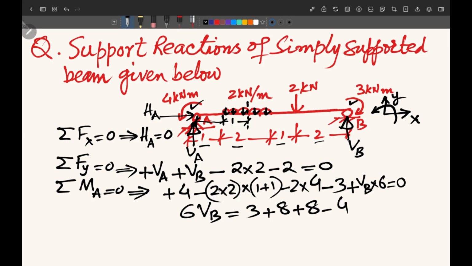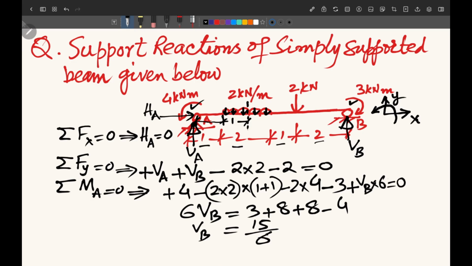So these values we have transferred to the other side. So we get 6 VB equal to 16 plus 3, 19, 19 minus 4, equal to 15. So 6 VB is 15, therefore VB will be equal to 15 upon 6.